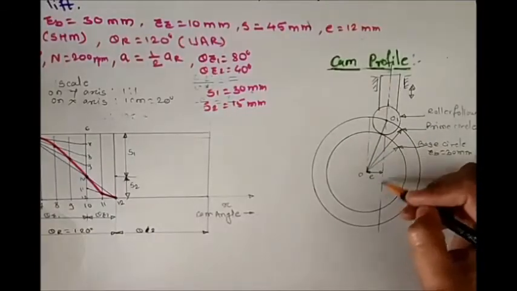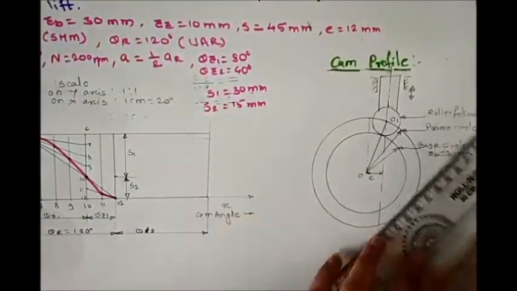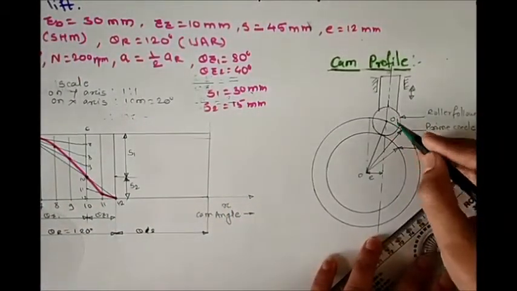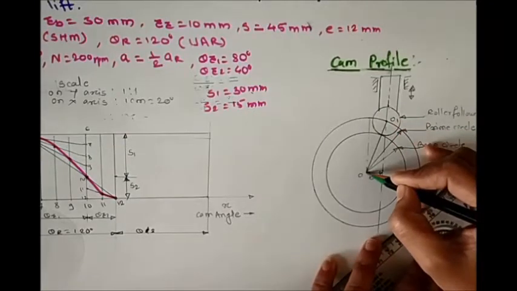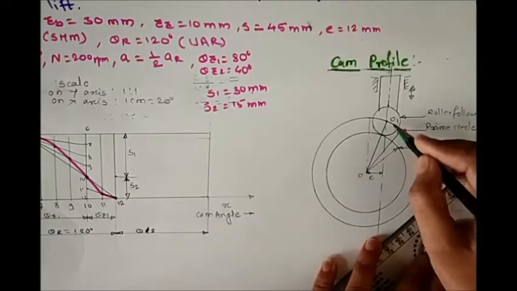Now let's divide this cam into outstroke, return stroke and dwell angle. Now we are taking the outstroke angle from this center point where we join this center point and we get this line O1.